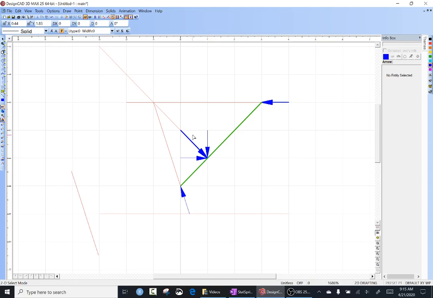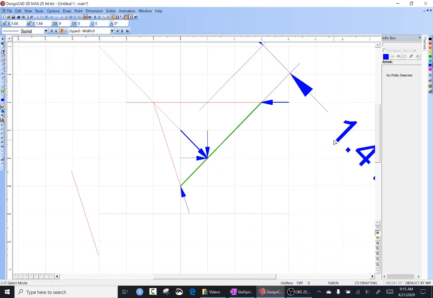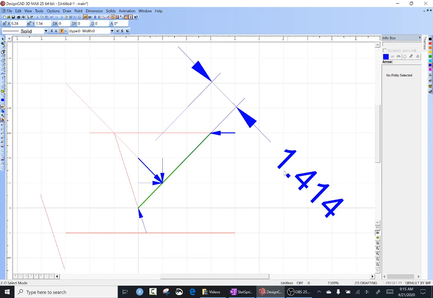So the question is what is the scale? Let's go in and look at dimensions here. We'll do a freeform dimension. From here to here, it should be 1.414, or so if I multiply this value times the scale, hang on, let me minimize this.